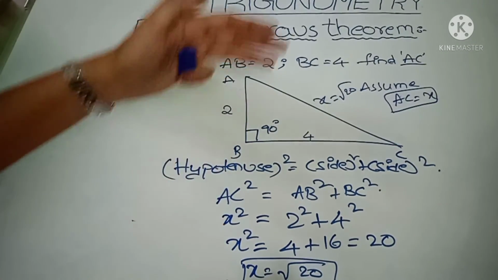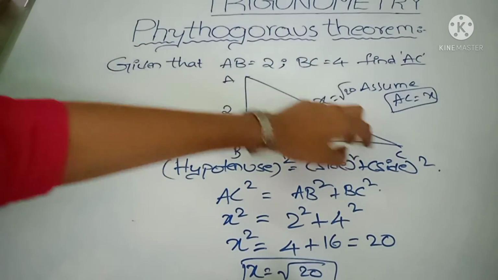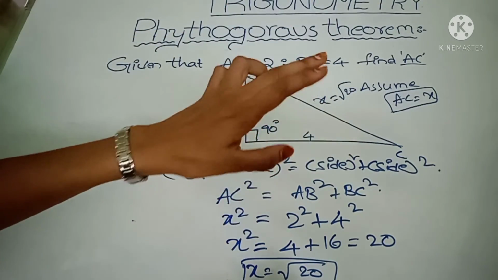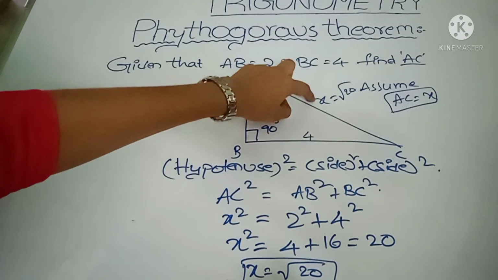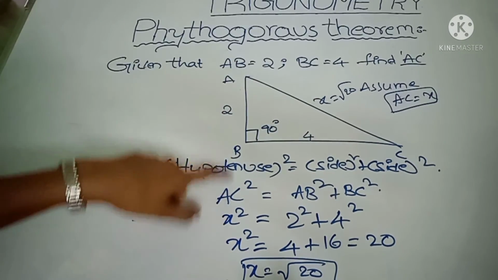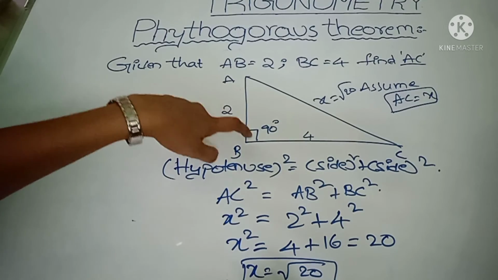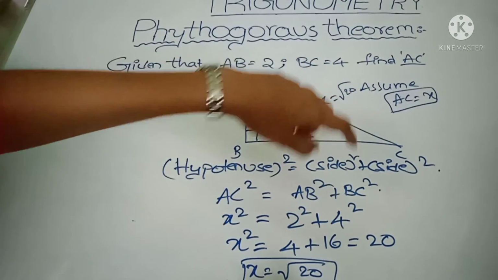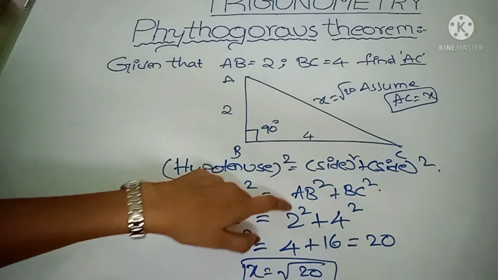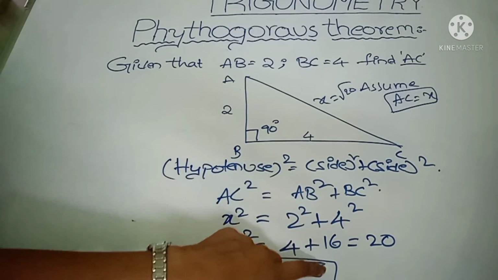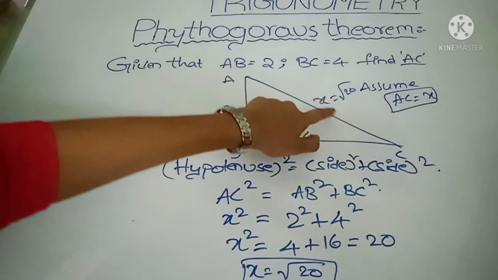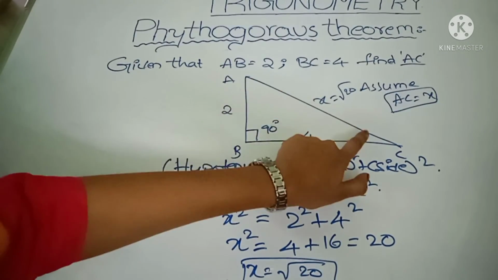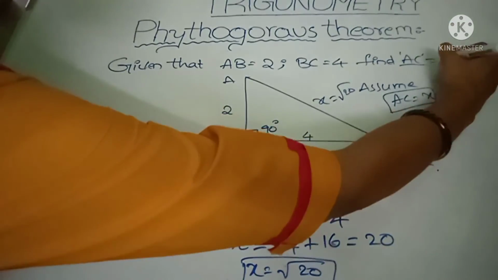We don't know the value of AC, so let us assume AC as X. X square is equal to 2 square plus 4 square. 2 square is 4 and 4 square is 16, and 4 plus 16 is 20. The value of X is under root 20, which means the value of AC is root 20.